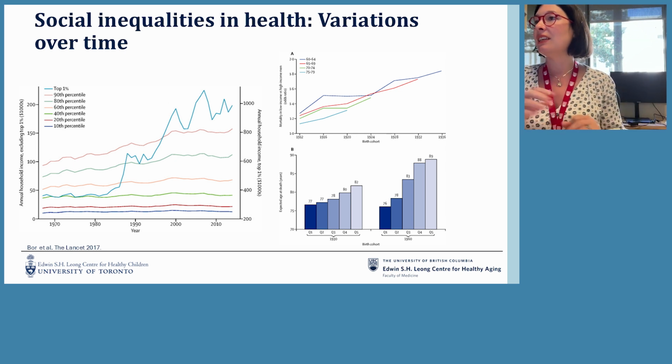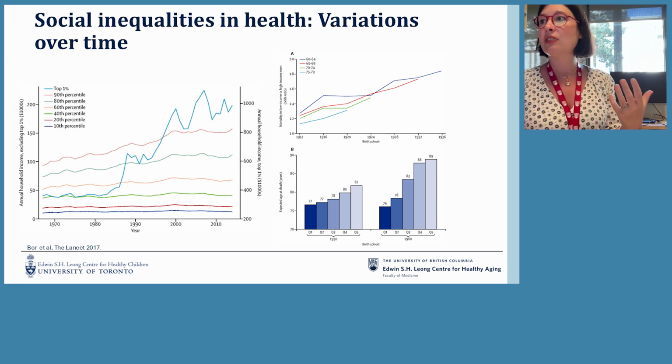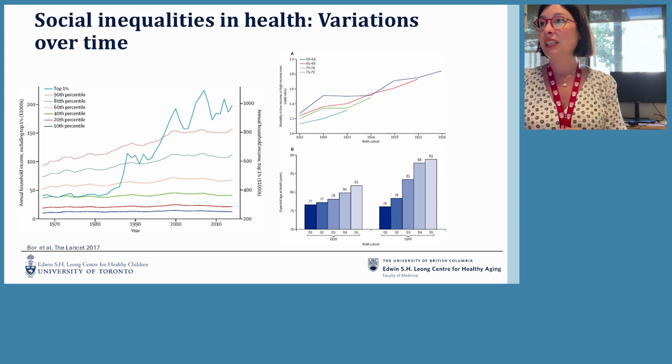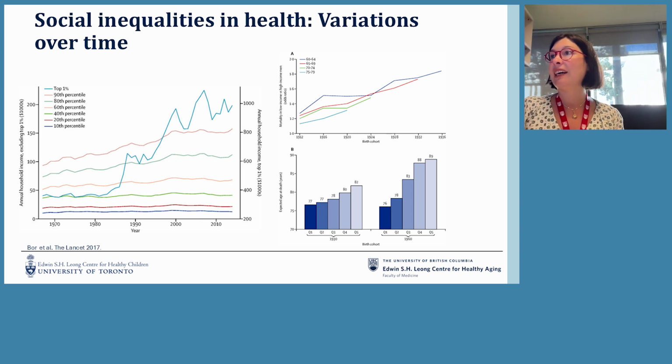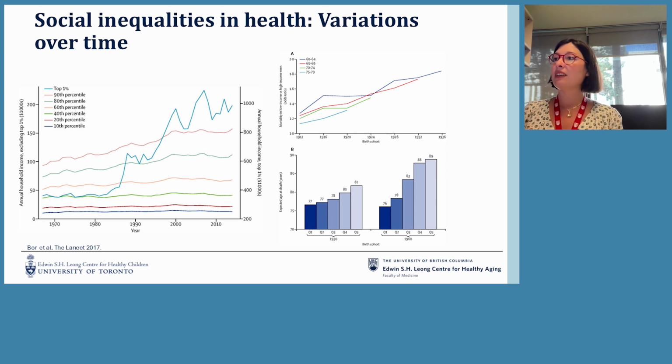And then, as we can see on the right side, the inequality that we observe within quantiles of income for the same health outcome, which was age at death, has also incredibly increased between the cohort born in 1933 and the cohort that was born in 1960, with very large differences between the poorest and the wealthiest quantile between these two cohorts. So differences again over time.